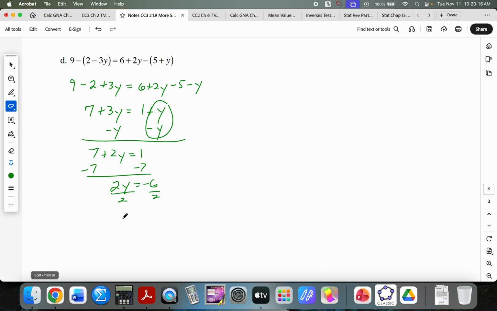Divide those into groups of 2, and I have y equals negative 3. And you can put 3 equals negative 1, right? Oh, in the end, you want to have positive y. You don't want to have negative y equals something. You have to have what y equals. Okay? Any other questions? All right.